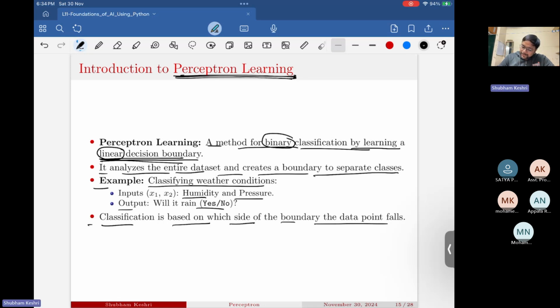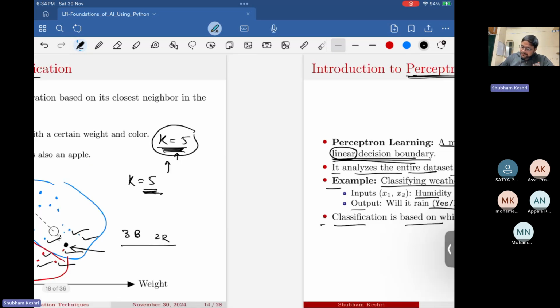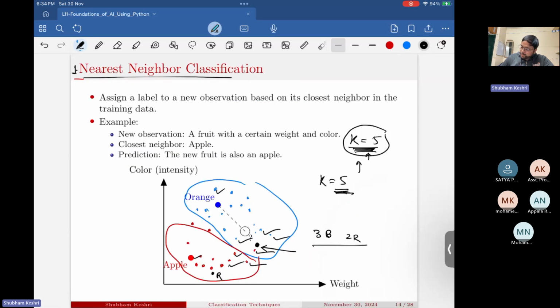So you see, when you are trying to obtain a line, for example, in this problem we are having 2D, right? So this is input 1 and input 2, then it will be a line. But if you have n dimensions, then it is not called a line, it is known as a hyperplane. So if it is in 3D, you have three inputs, it will be a plane, right? It will be a surface that separates one area from the other area. If it is 4D, then it will be a hyperplane. In n dimensions, a line is actually a hyperplane.